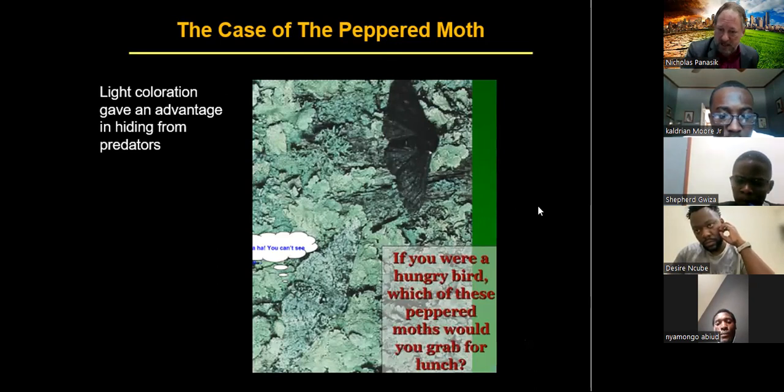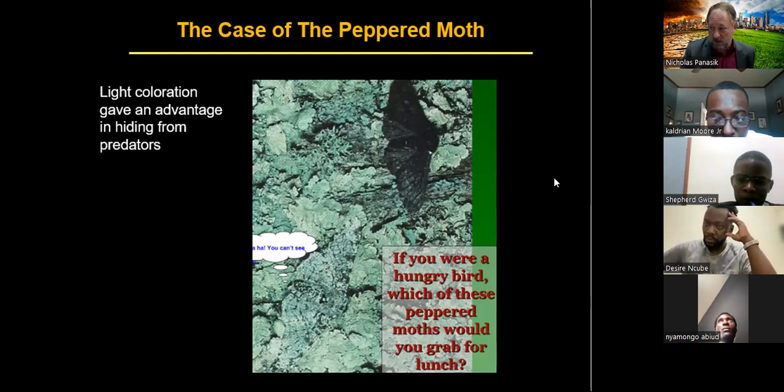That probably explains why only about 1% or less of these moths had dark coloration. To them, it would have been a really bad mutation, right? If you had a moth baby that was dark like that, you felt really bad for them, because which moth do you think a predator is going to be able to eat? A bird's probably going to see this one. It's much harder to see this moth over here, right?